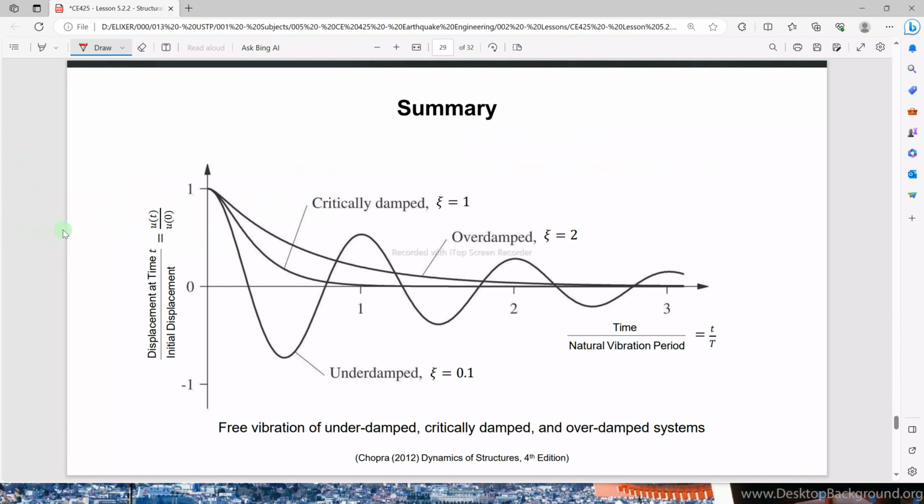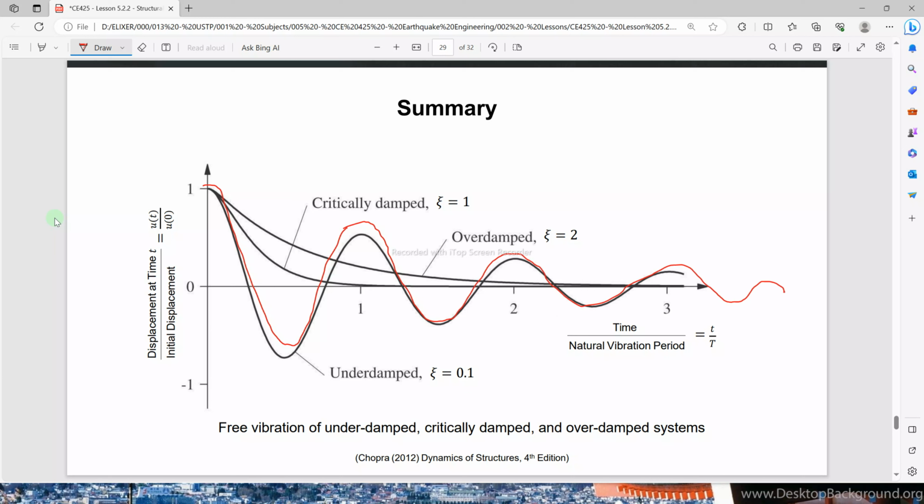So here we have a graph of the time over the natural vibration period versus the displacement at time t over initial displacement. If you look, there is a sinusoidal graph with a high amplitude, and eventually through time it gets smaller, and then this will eventually come to rest.